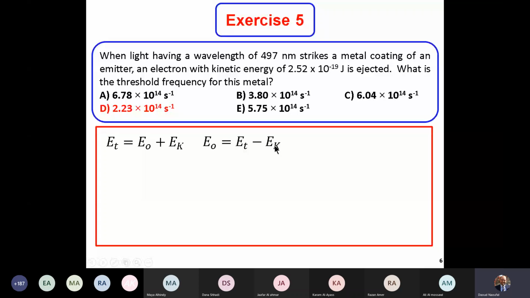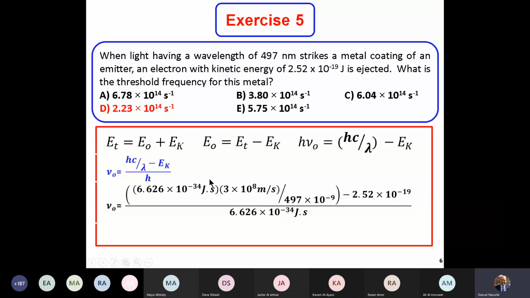Nu0 equals 6.62 × 10^-34 times c, 3 × 10^8 meter per second, divided by lambda in meter, so we have to transform 497 × 10^-9 meter, minus Ek in joule, which is given, 2.52 × 10^-19, and divided by h, the Planck constant in joule second.